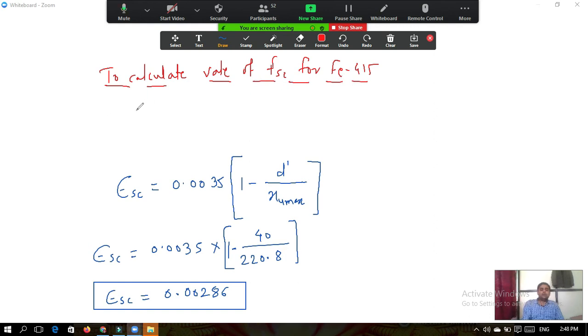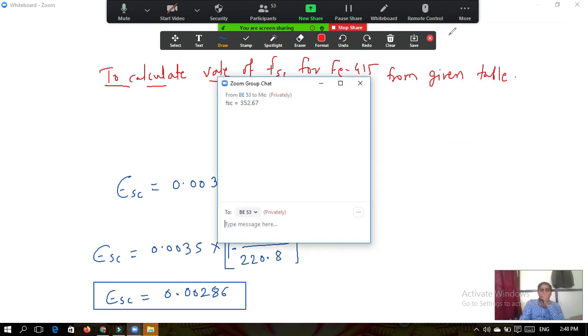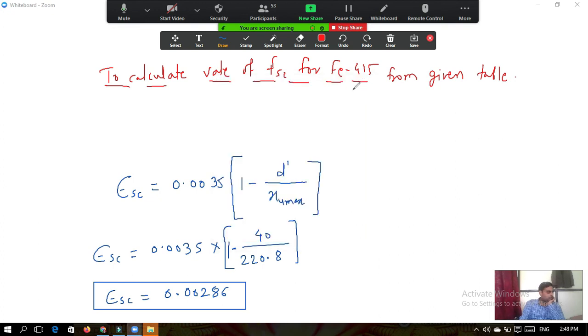So here how to calculate that value? So we know that we are having the table, from the given table. In exam, that value is provided to you, so you should not worry. Those values will be provided to you. So FSC is 352, correct, the answer is correct.